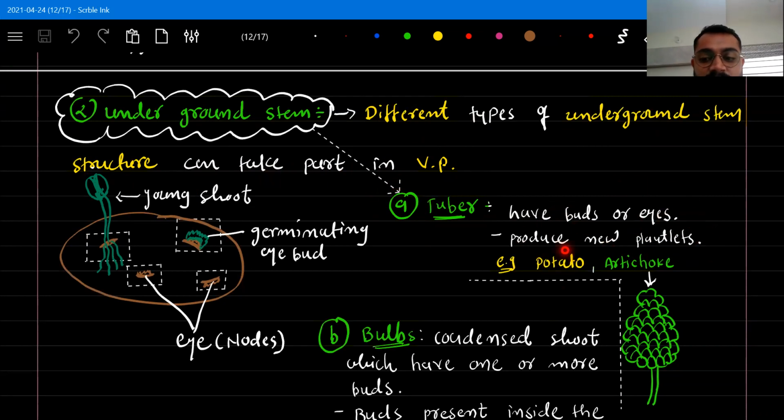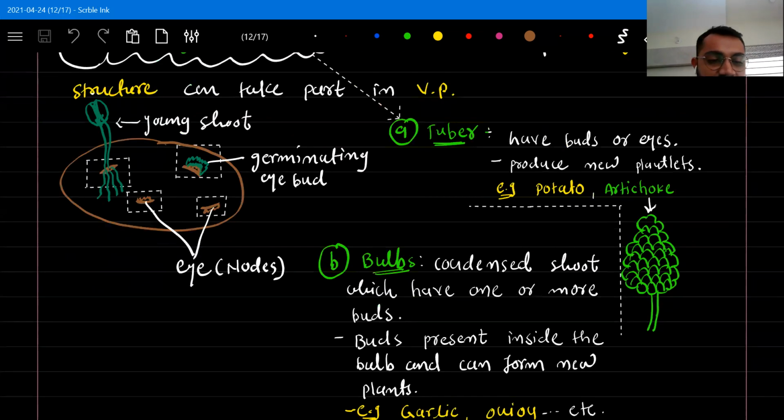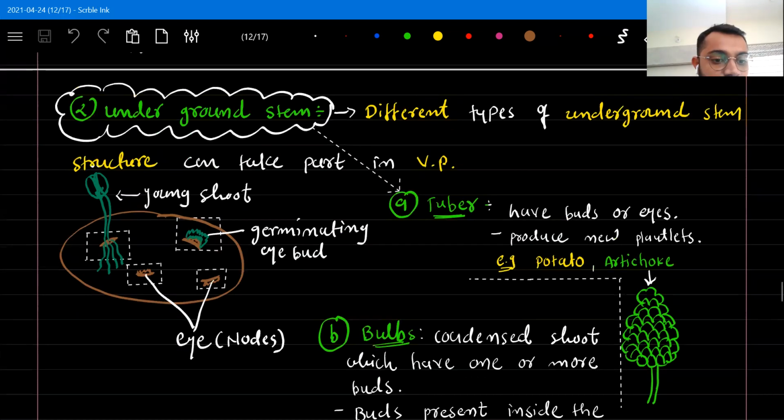For example, potato, and the second one is the artichoke. This is how the artichoke looks. I think we have already seen this, but I'm going through all of this so you can have a quick look, and then we'll move forward.